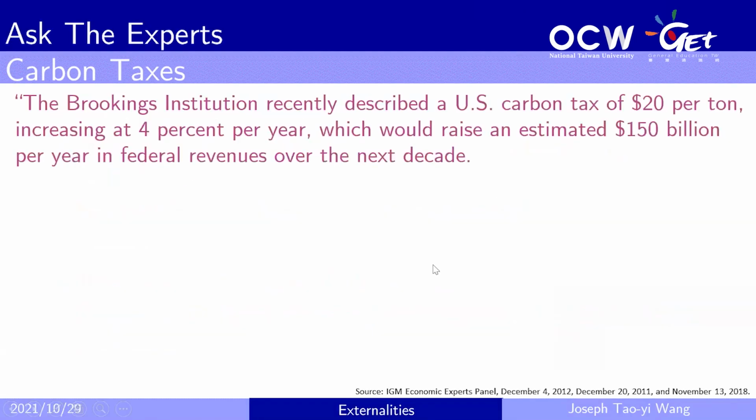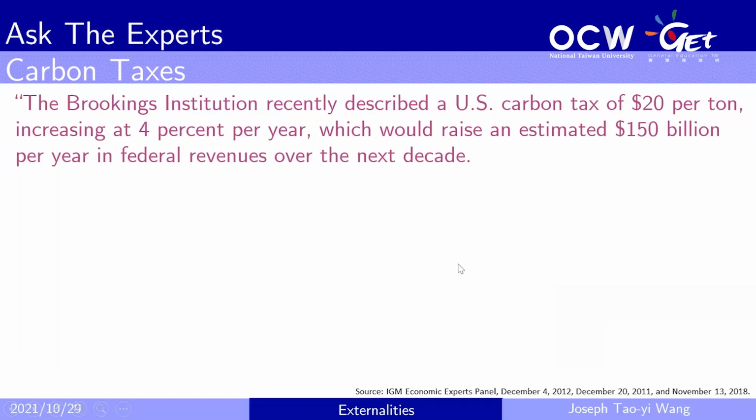So now we shall start first with an Ask the Experts survey question. Here's the question. The Brookings Institution recently described a US carbon tax of $20 per ton, increasing at 4% per year, which would raise an estimated $150 billion per year in federal revenue over the next decade.